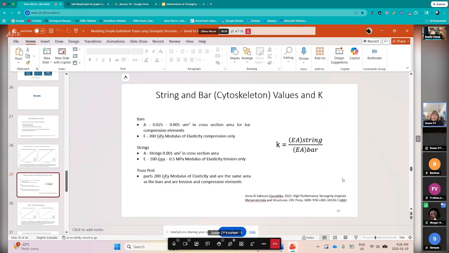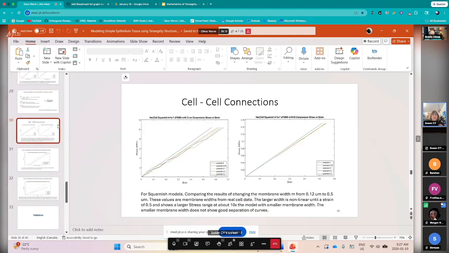And then I've already shown you the values for K, and then I had a couple more. These are the cell-to-cell connections. These are 2 compression curves, compared, and I should have labeled this better. This is a squamous cell, and this is a squamous cell.